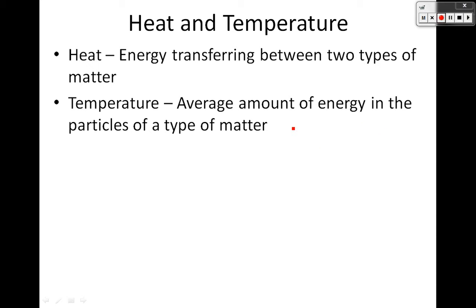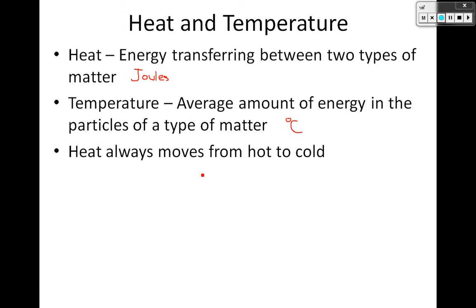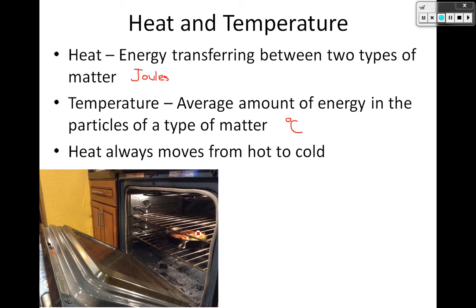And so when we say it's degrees Celsius or degrees Fahrenheit, that's temperature. When we're talking about energy and heat, we actually use something called joules to measure that, and that's an amount of energy. And heat always moves from hot to cold. So here's a picture of an oven that's just been opened, and it's very hot in the oven. I mean, you can't tell that from the picture, but I'm telling you. So if heat moves from hot to cold, that's energy.